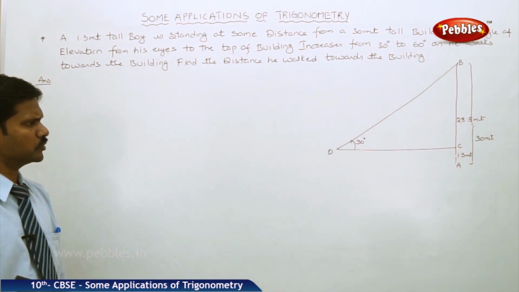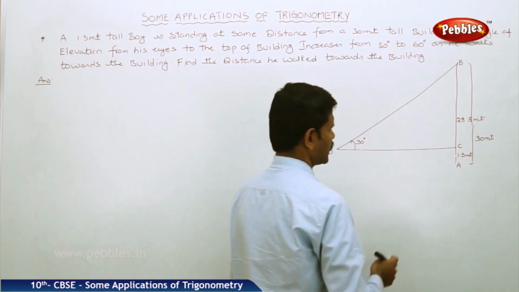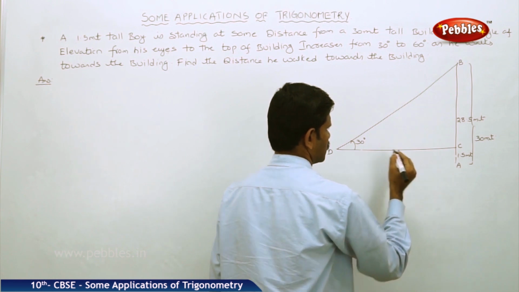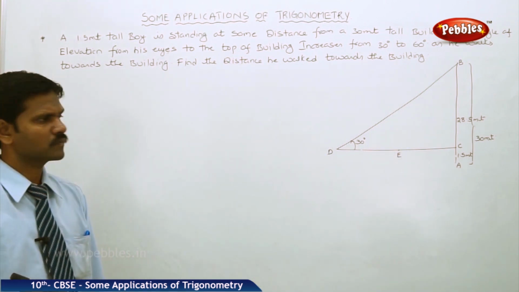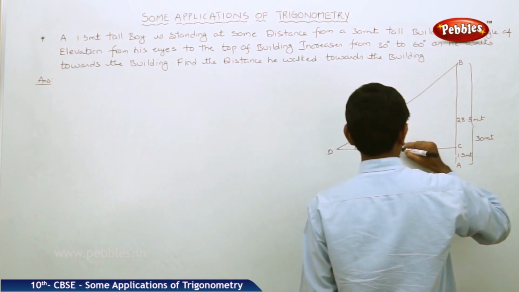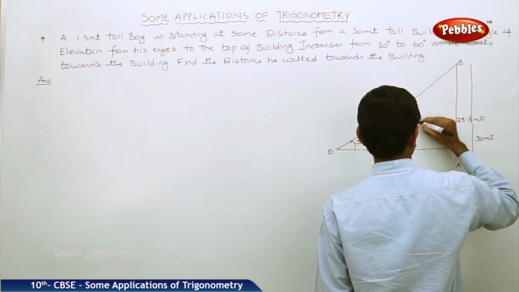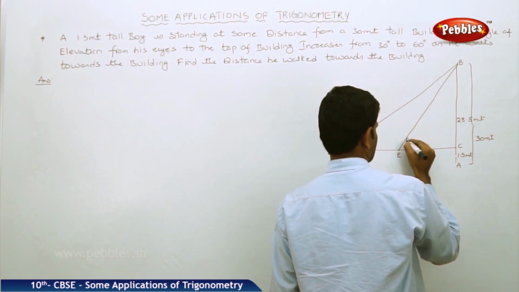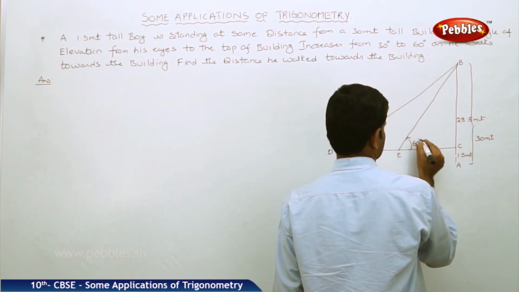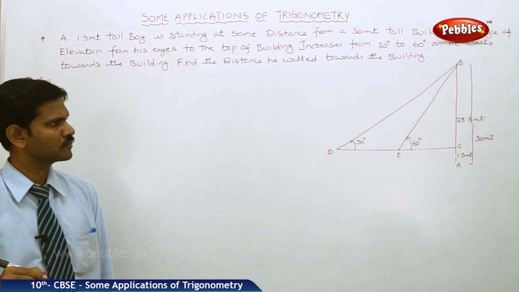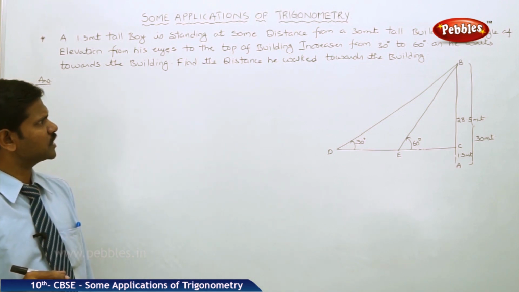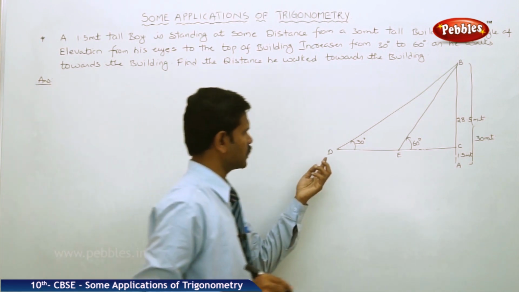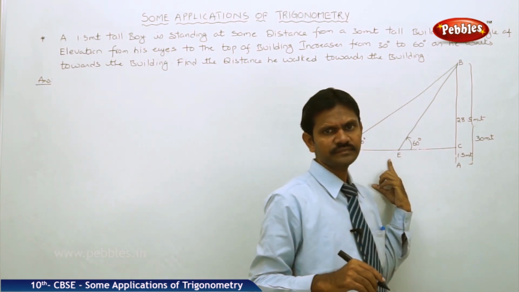From point D, he moved towards the building up to some distance, that is E. Now again from E, the angle of elevation of the top of the building is 60 degrees. Now the question is, find the distance he walked towards the building. That means you have to find out DE.